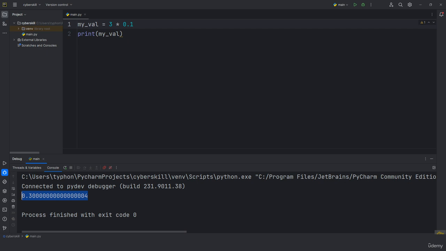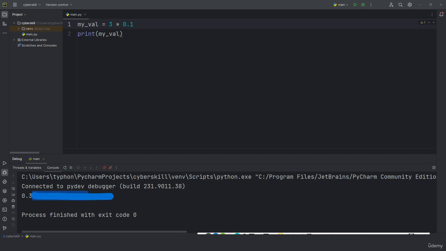Python tries to find a way to represent the result as precisely as possible, which is sometimes difficult given how computers have to represent numbers internally. Just ignore the extra decimal places for now, and you will learn ways to deal with them.